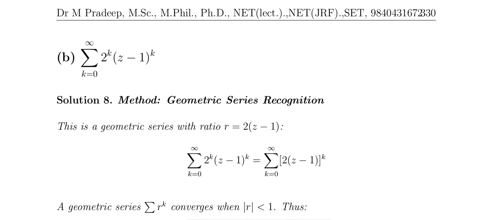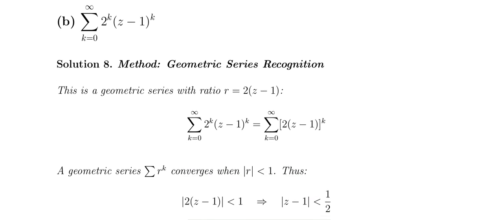Next, 2 power k into z minus 1 whole power k is a geometric series with r equal to 2 into z minus 1, since both are power k.